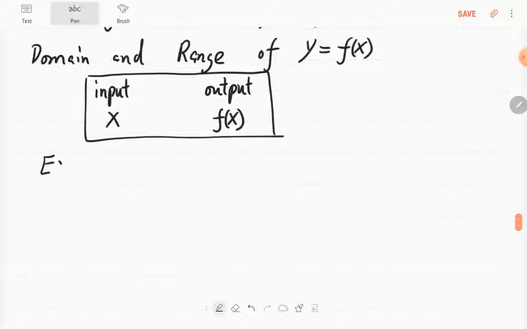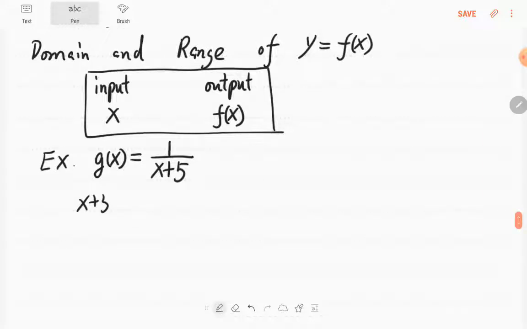So now let's look at an example. This is g of x equals 1 over x plus 5. What is the domain? We notice that x plus 5 is in the denominator, so you cannot make the denominator 0. What x value will make the denominator 0?